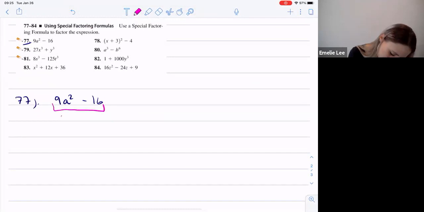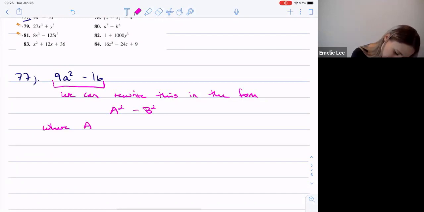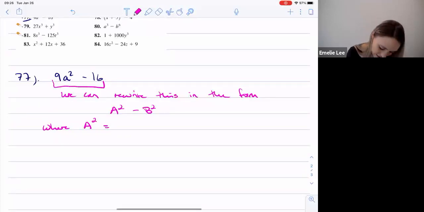Okay, so here we can rewrite this in the form of a squared minus b squared. Okay. Where a, in this case, if I'm just saying 9a squared has to be a squared, then I need to extract a square from 9a squared.